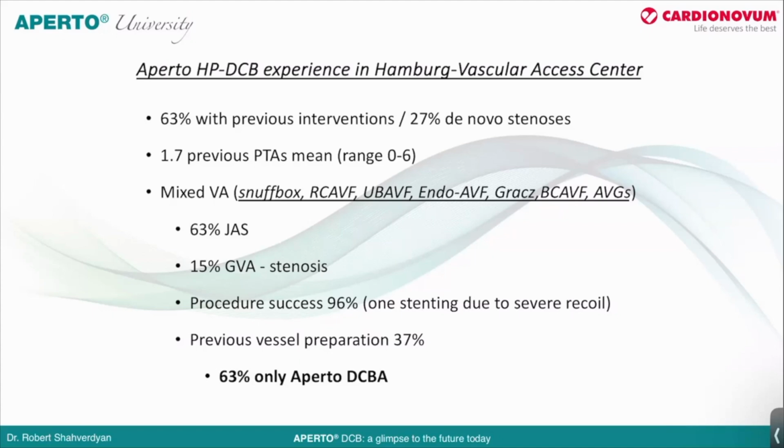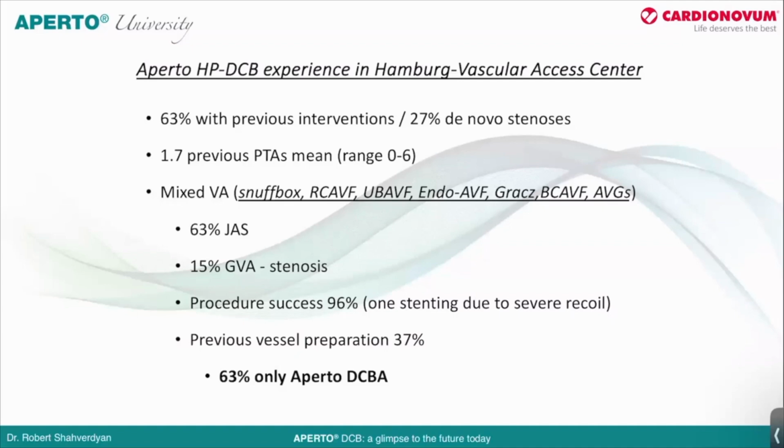And the procedure success was 96%. Why is it 96%? Because one patient had a significant recoil after the intervention and we had to use a stent to cover it. So that's why I decided to count it as a technically not successful angioplasty in this case regarding the balloon.